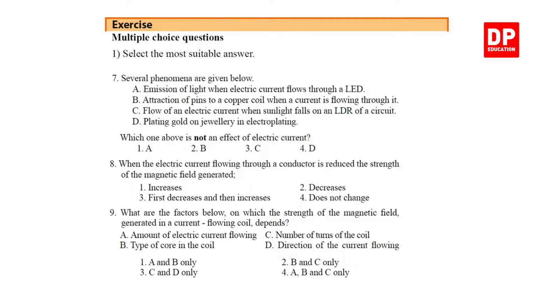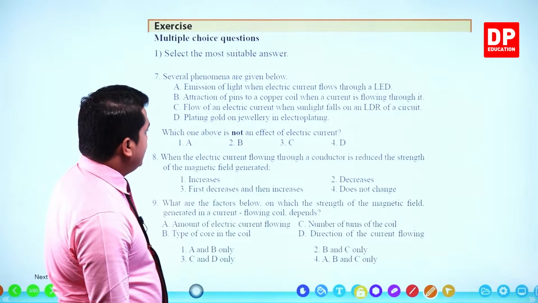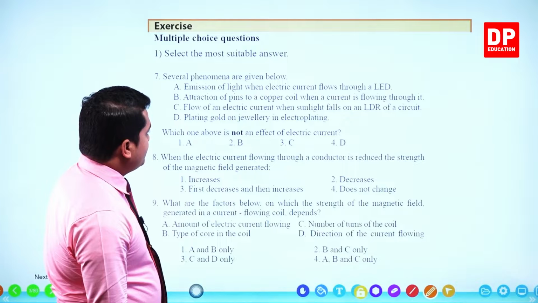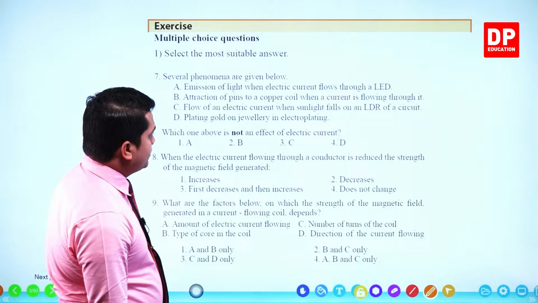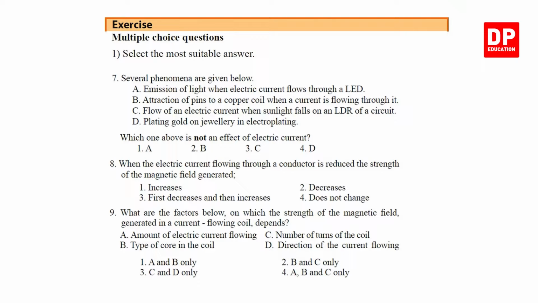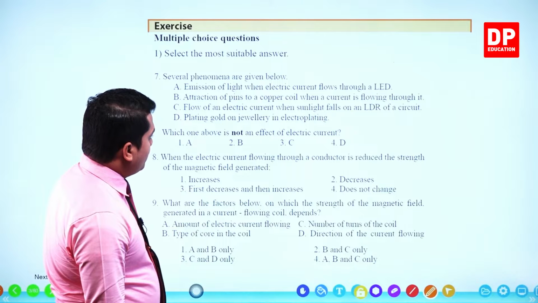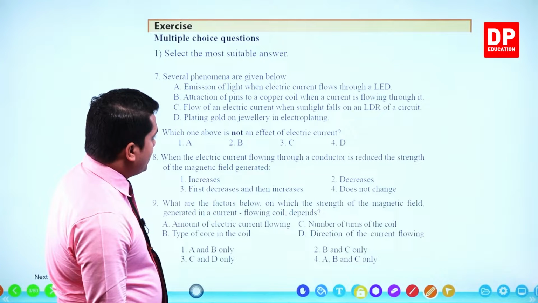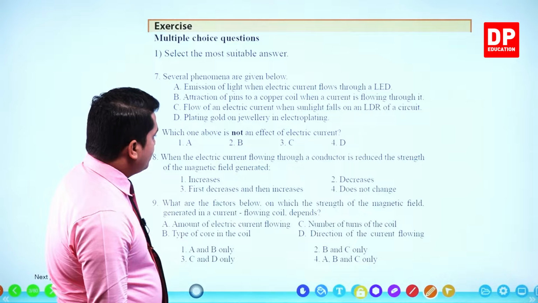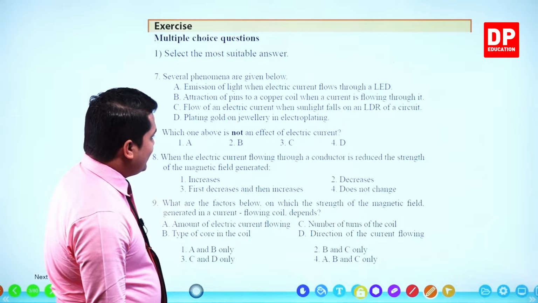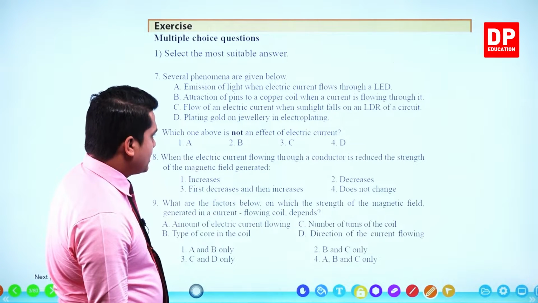Several phenomena are given below. Emission of light when electric current flows through an LED, attraction of pins to a copper coil when current is flowing through it, flow of an electric current when sunlight falls on an LDR of a circuit, plating gold on jewelry in electroplating. Which one of the above is not an effect of electric current?